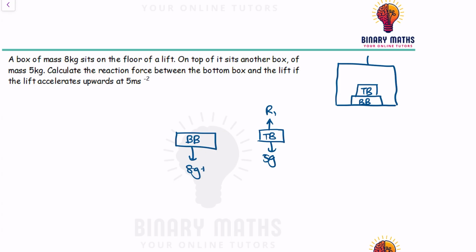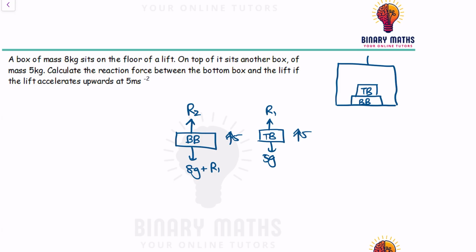Plus it will feel the top box pushing down on it, so plus R1, which is the same as what the top box feels. And then the bottom box will also feel R2, the reaction force from the lift pushing up. We know both of them are accelerating upwards by 5.